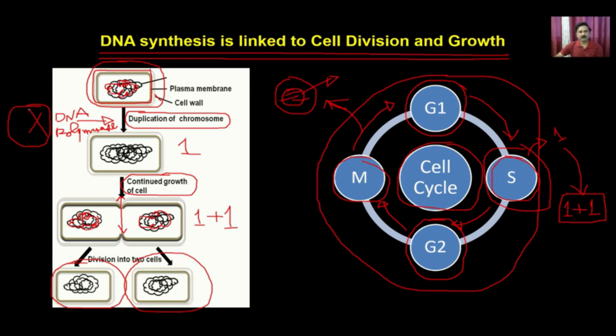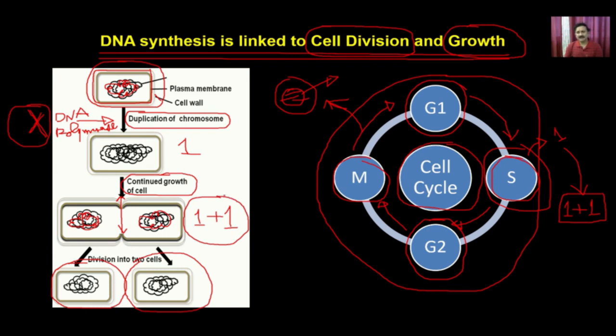So if you do not allow the DNA polymerase to work properly, it is going to halt the cell division as well as the growth of the particular organism, and that is important. That is only because the DNA polymerase contributes to the duplication of the genomic DNA or the DNA content.